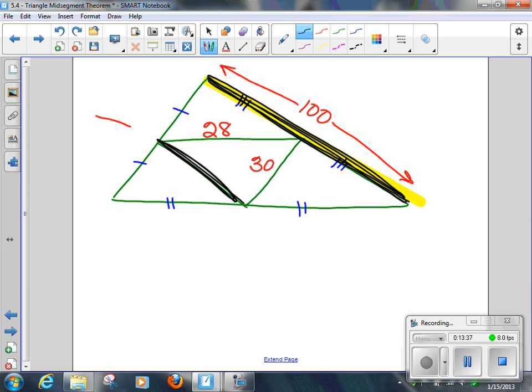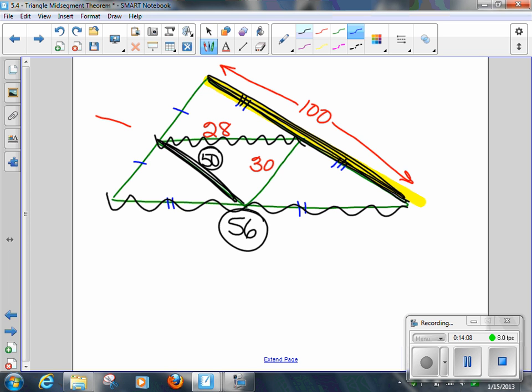Doesn't that go together? Yes. If the big side is 100, what's the one on the inside? Okay, now you got that. All right, now 28 goes with which side? The bottom, Joseph. What's the base? 28 plus 28. 28 times 2, which is 56.